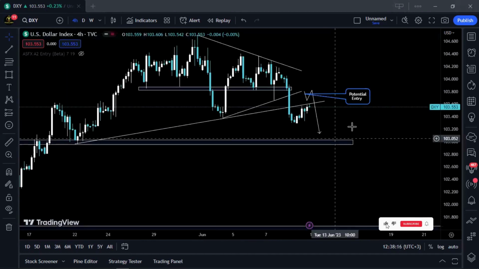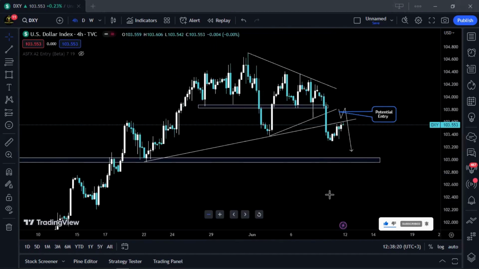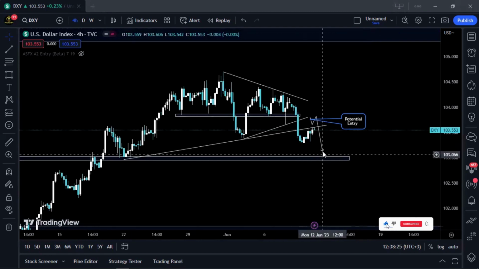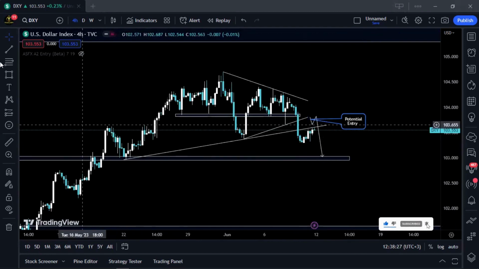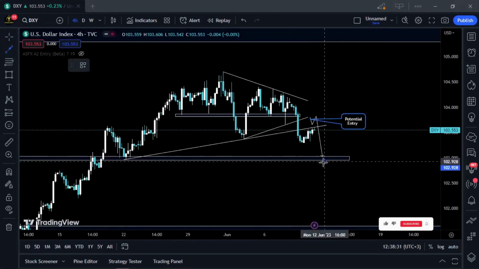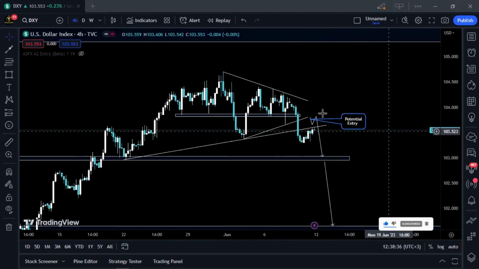So now we are waiting for a retest to look for continuation on the downside. So for prices to go on the downside, obviously that will be the first targets. And should prices keep on pushing lower, we'll be looking for that as the second target, right?